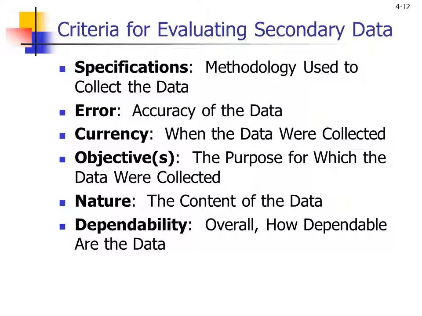Error is the accuracy of the data, currency is when the data were collected, and objectives is the purpose for which the data were collected. The criterion of nature includes the content of data, and the dependability criterion asks: overall, how dependable are these data?